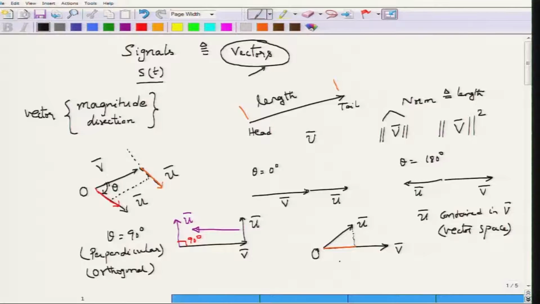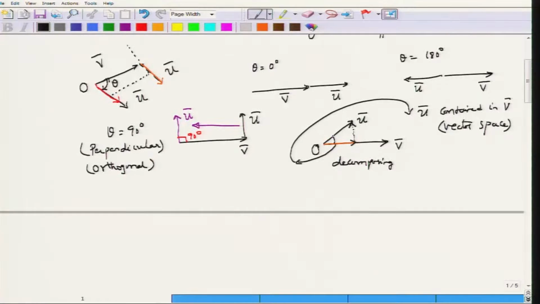In earlier classes, you might be more familiar with the term decomposing a vector. When you decompose a vector, you would have taken the vector u and decomposed it along a horizontal vector and a vertical vector. In this case the horizontal vector is the vector v, and this length that you have obtained, shown in orange, would be the component of u along v.